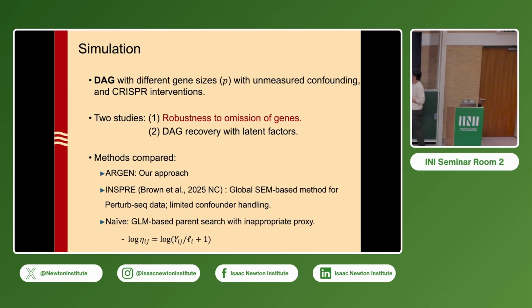We compare our method against a method called SPIN-PRI, which is a global approach applied to Perturb-seq data. We also compare against this naive method where you use this proxy. The ancestor and descendant information is shared, the same for this one, but this is using a proxy which has no protection against unmeasured confounding.